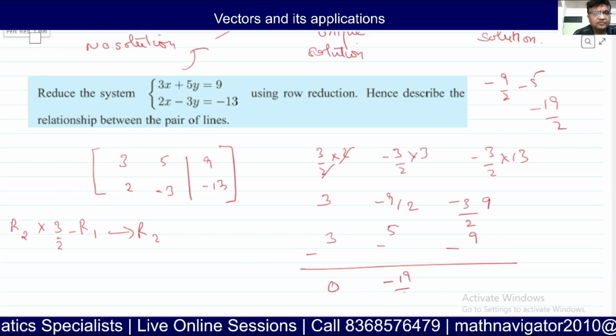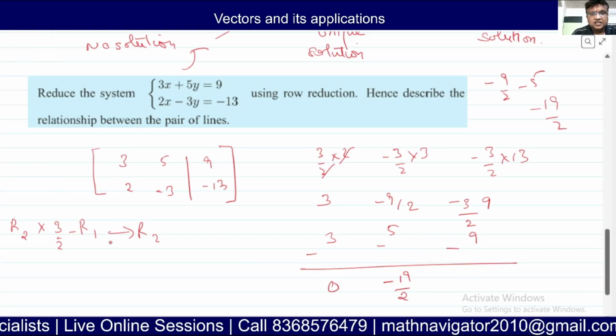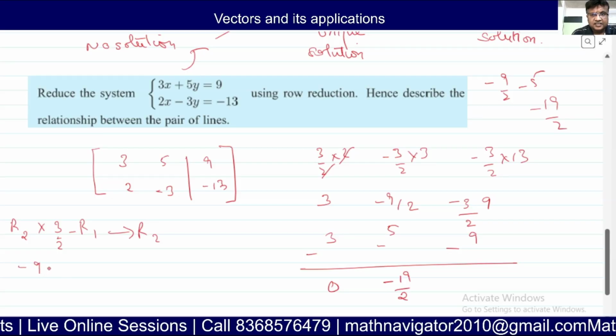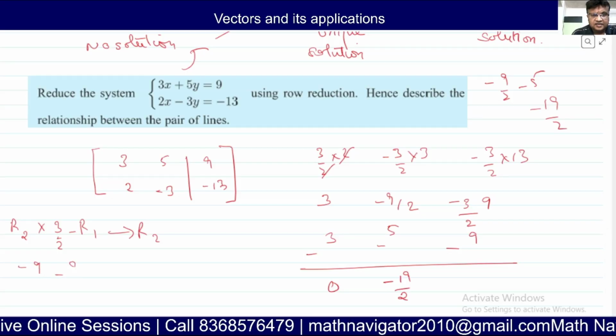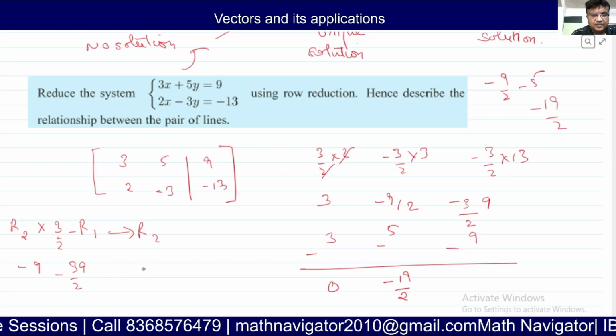Sorry, this will give me negative 19 by 2, and this will give me negative 9, negative 3 by 2, negative 39 by 2.